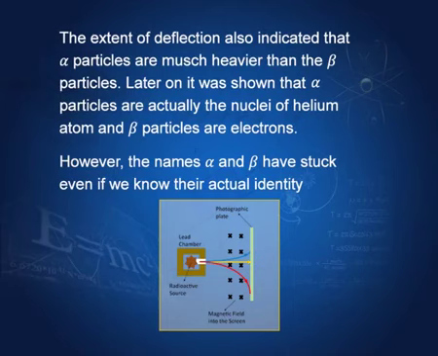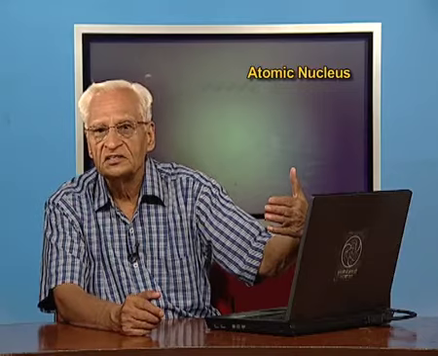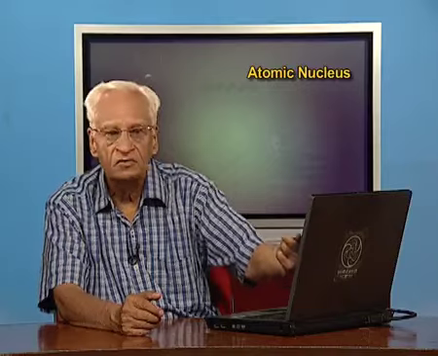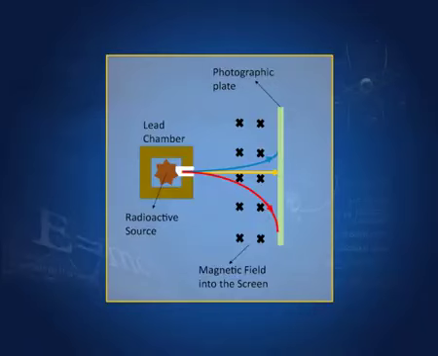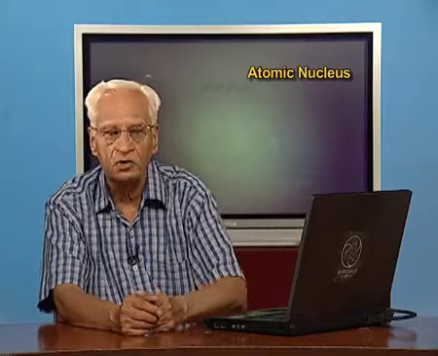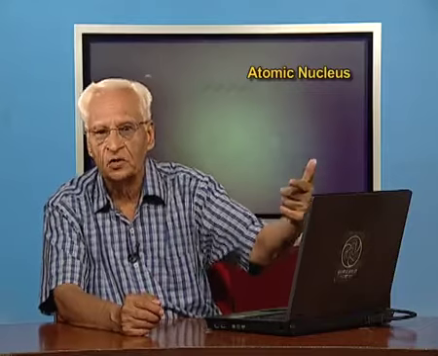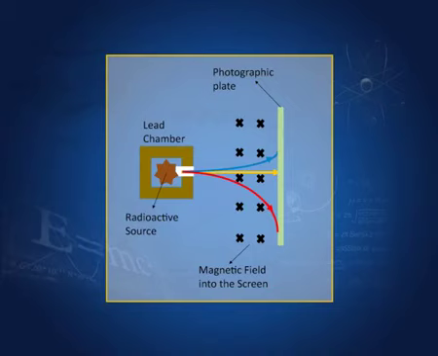From the interaction of the magnetic field with the moving charges, we know that if the charge is positive, it will be deflected upwards, and if the charge is negative, it will be deflected downwards. So, from this they found that alpha particles have positive charge and beta particles have negative charge, and gamma rays have no charge. Secondly, since this deflection is much smaller than this deflection, they found that alpha particles are much heavier than beta particles.